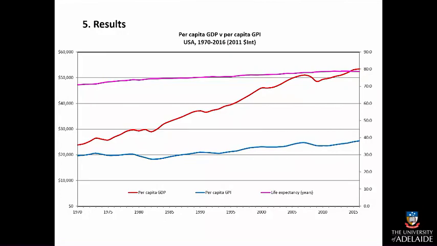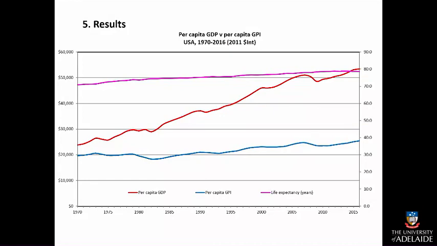So this is the USA. The red line is USA's per capita GDP, and the blue line is the per capita GPI. You can see that the per capita GPI is substantially less than per capita GDP and is not growing at the same rate. This pink line is average life expectancy.